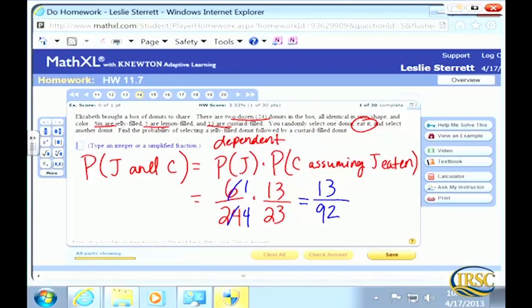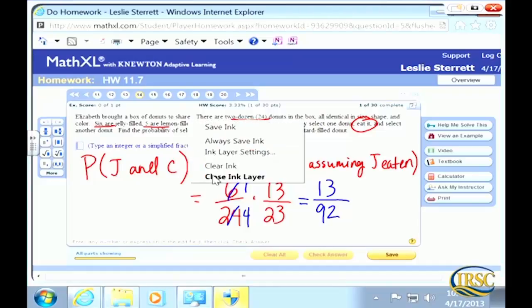Yes, I would agree. Everybody agree with that? Okay. All right, so 13 over 92 is your probability of selecting a jelly, eating it, and then selecting a custard. Any questions on the difference between independent and dependent events? All right, and then let's look at a conditional probability.